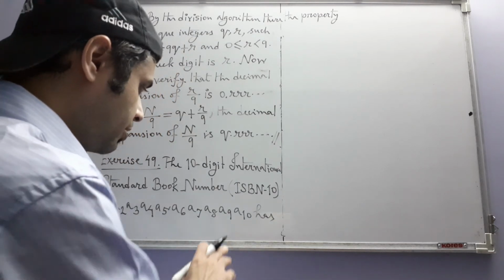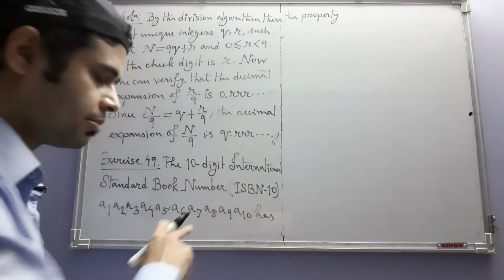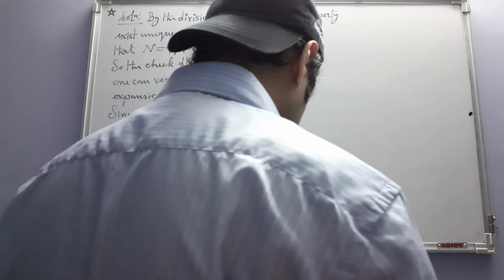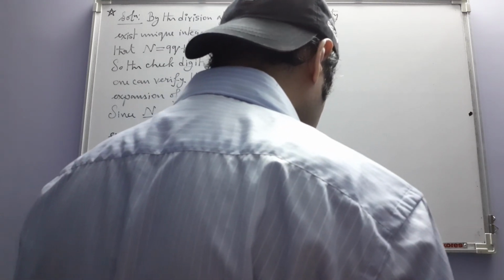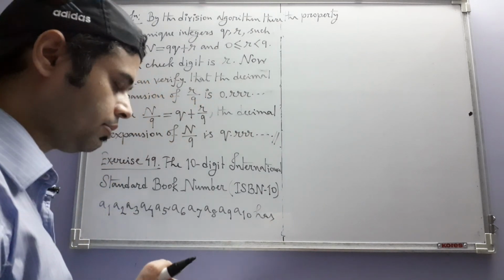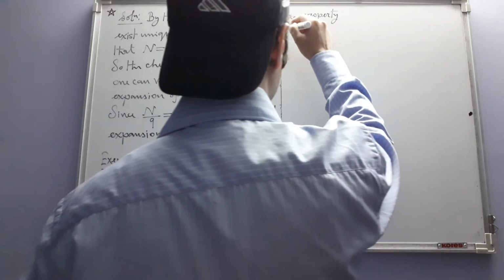If you take the digits and form the vector's components, the dot product with a fixed vector is 0, but modulo 11, and this is the property.